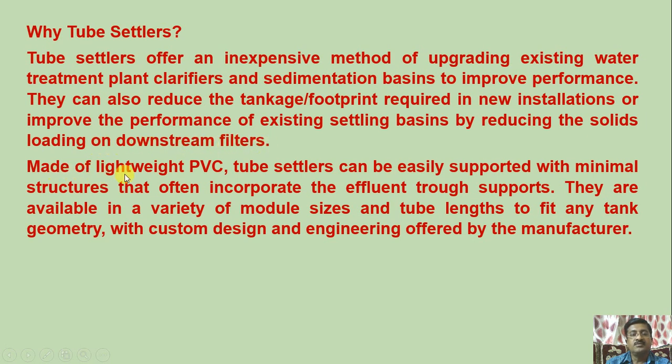These are made of lightweight PVC. Tube settlers can be easily supported with minimal structures that often incorporate the effluent trough supports. They are available in a variety of module sizes and tube lengths to fit any tank geometry, with custom design and engineering offered by the manufacturer.